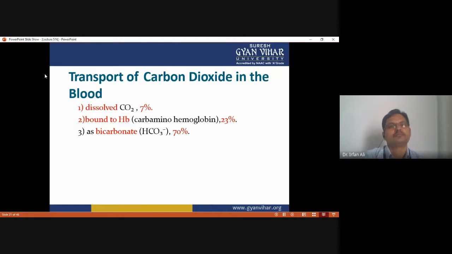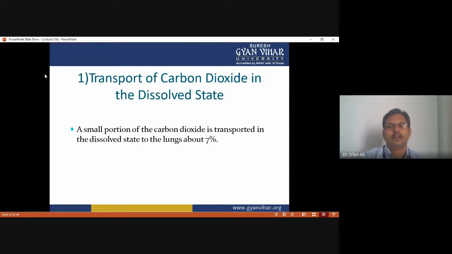Okay, so for the transport of carbon dioxide in the dissolved state, a small portion of carbon dioxide is transported in the dissolved state to the lungs, approximately 7% only.